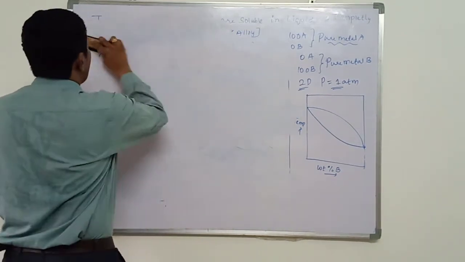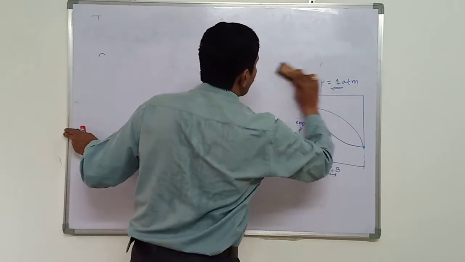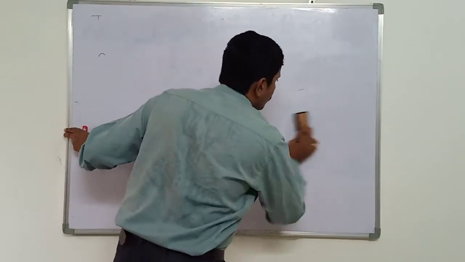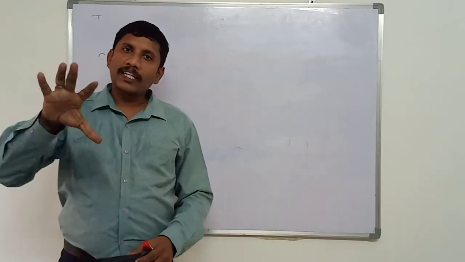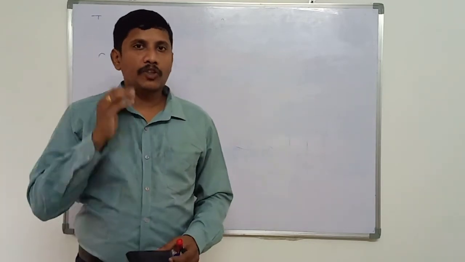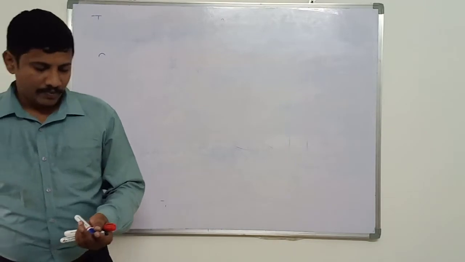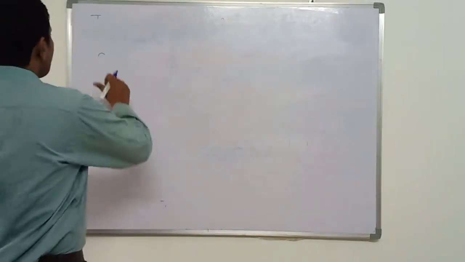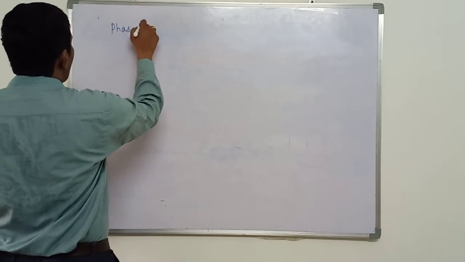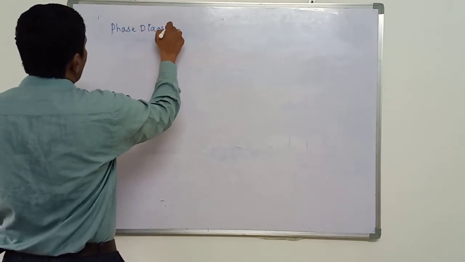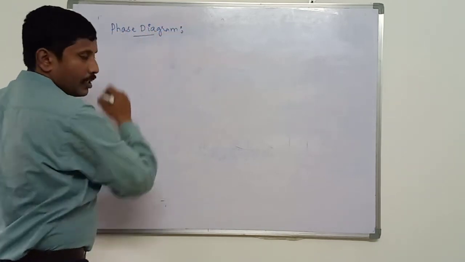So to form the isomorphous alloy, the two metals must be completely soluble in the liquid phase and the two metals must be completely soluble in the solid state or solid phase. Okay, so we are getting the phase diagram of the isomorphous alloy as shown below, right?